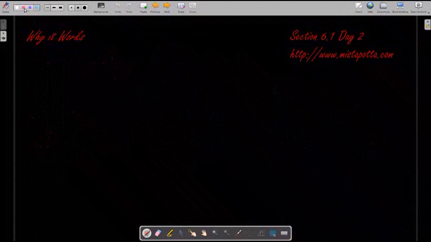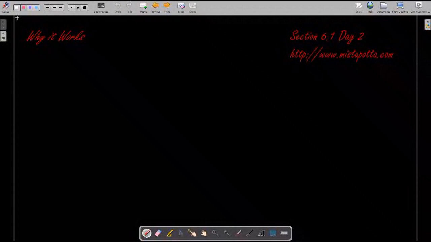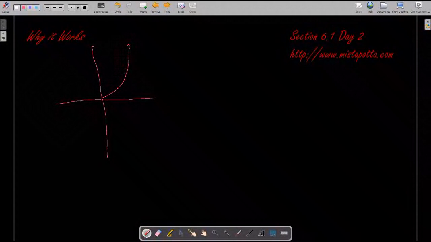So I want to talk about why this works. So I'm going to draw a parabola here. Horrible parabola. Horrible x-axis. But the idea is I want to know what's happening at this point here, at the point (1, 1).